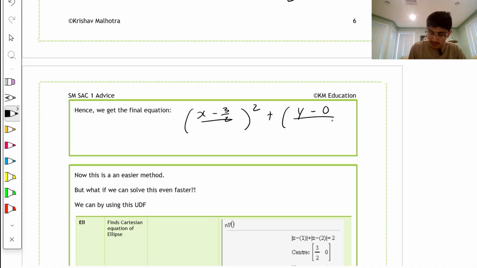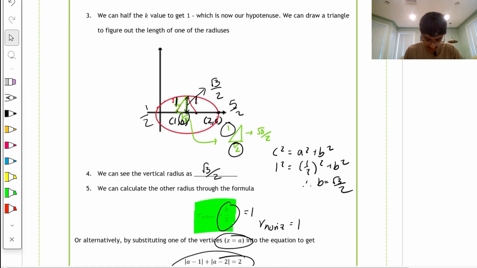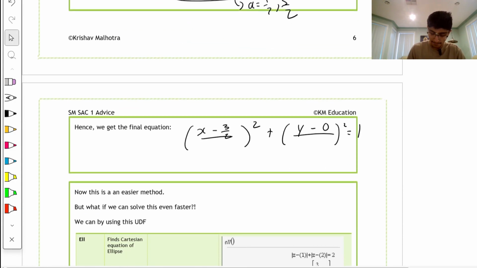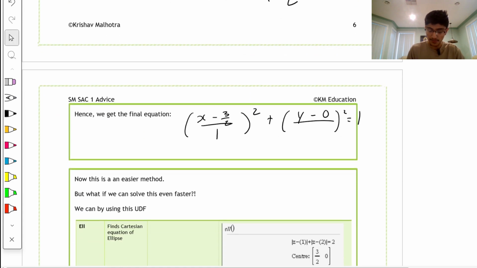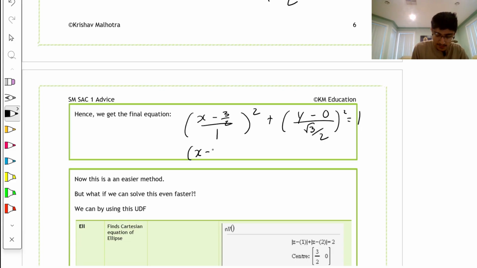I know my horizontal radius is equal to 1, so I can just write 1 squared, and my vertical radius is root 3 on 2. If I were to simplify this, I'd get (x minus 3/2) squared plus 4y squared divided by 3 equals 1.